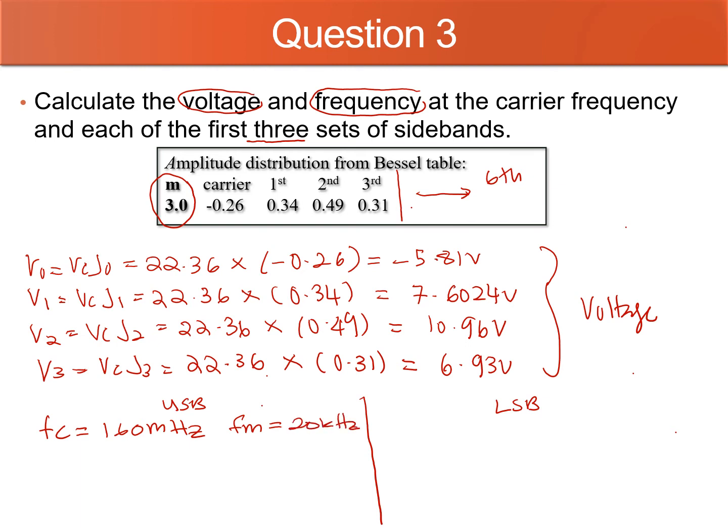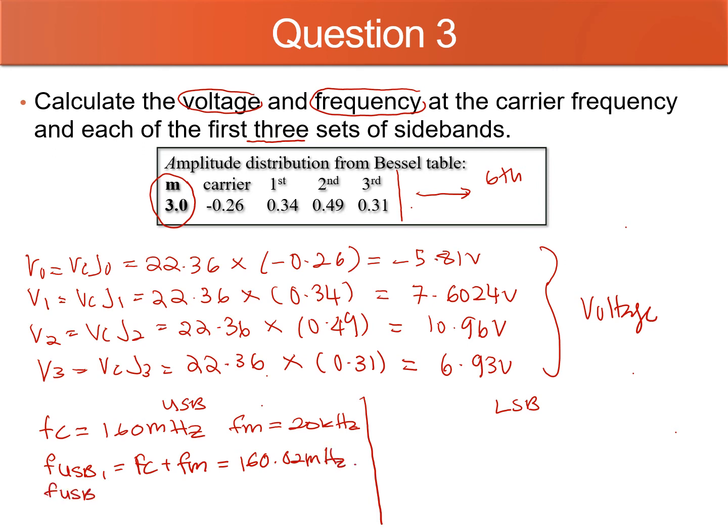Now for the first, fUSB1 is equal to fc plus fm, so 160 megahertz plus 20 kilohertz is 160.02 megahertz.